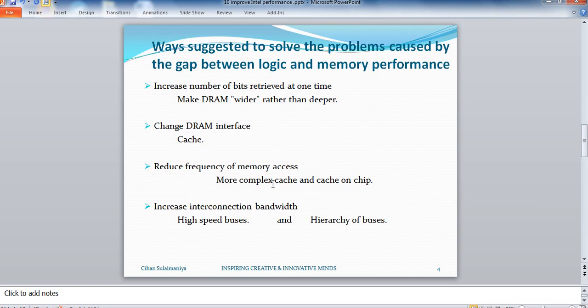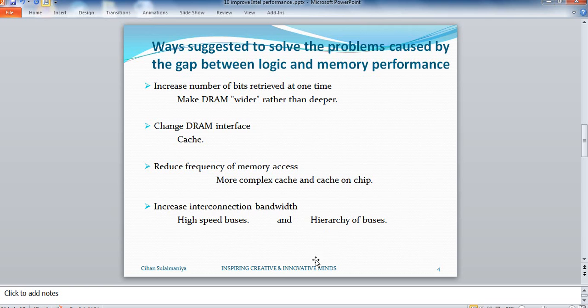Then, reducing the frequency of memory access and increasing the interconnection bandwidth. When you increase the bandwidth, you will get a high speed bus: a high speed data bus, address bus, or high speed controller. When you get high speed for this, it will catch up and get the information from the processor, which is faster, and that could be a solution to this gap.